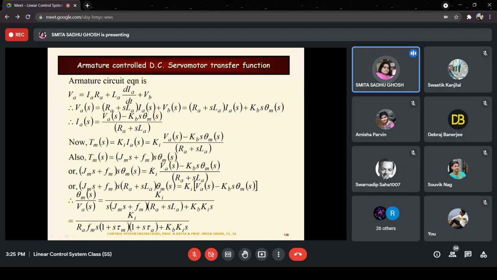So now we can see that in this particular expression, we have the variables theta m and VA only. So we are nearing our goal of getting the transfer function. Now just manipulating and reorganizing and collecting terms and writing it is what is required.